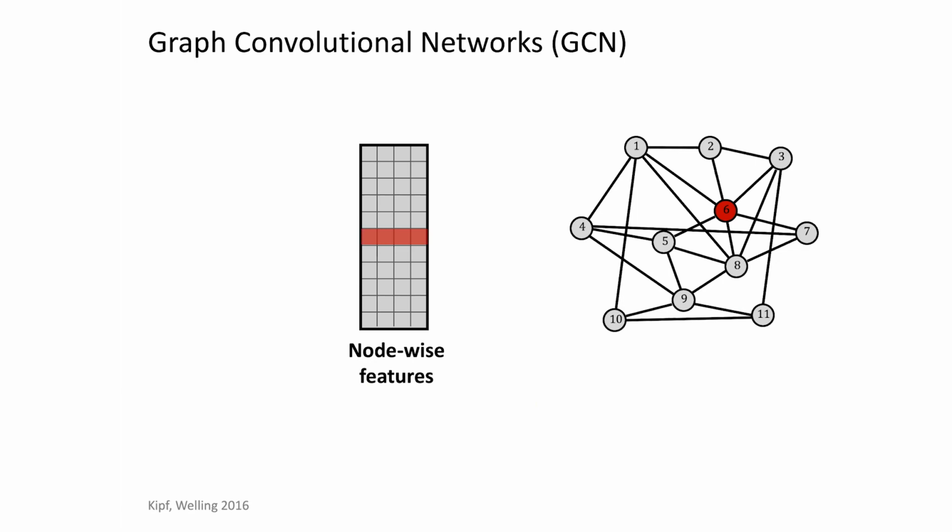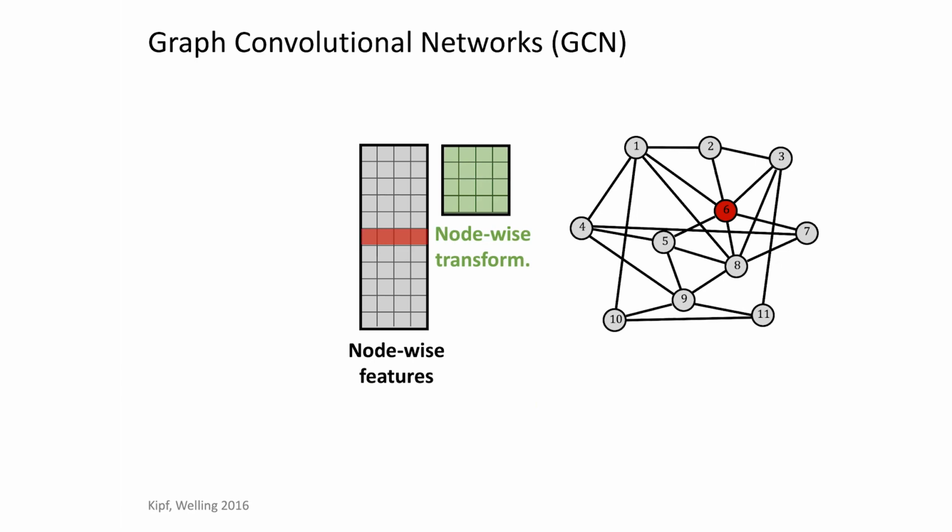In this case, we're talking about vector node-wise features. We can arrange them into an n by d matrix, where each row represents the features of a node. And here in red, the features of one node are highlighted. So we can do two things to these features. We can transform them node-wise, in the simplest case by a linear operation.